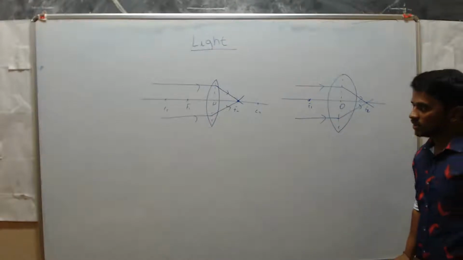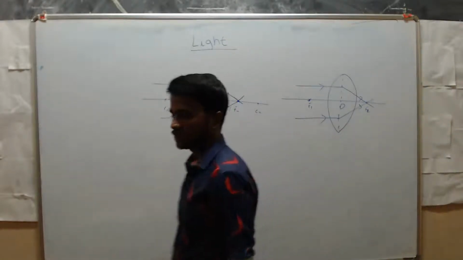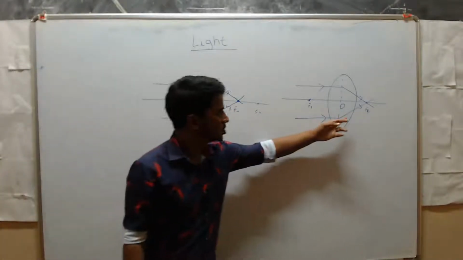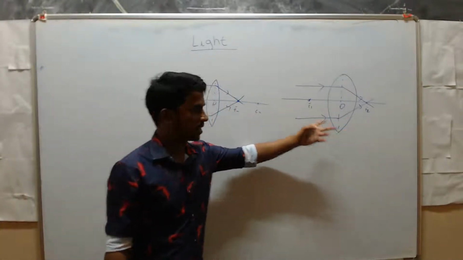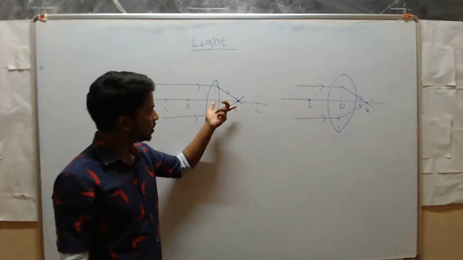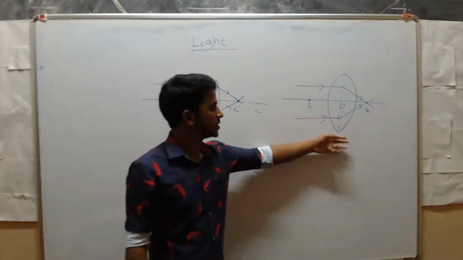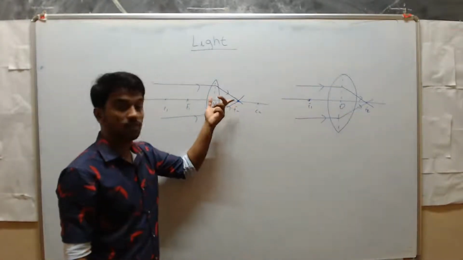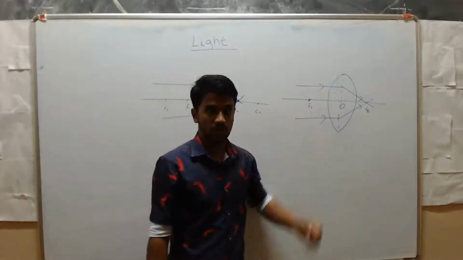So what is the difference? Here the focal length is a little bit far, and here the focal length is shorter. The converging point is very close to the convex lens, and here the converging point is a little bit far compared to this one.